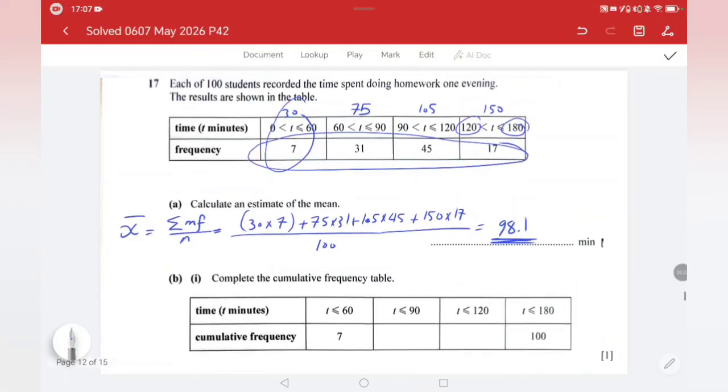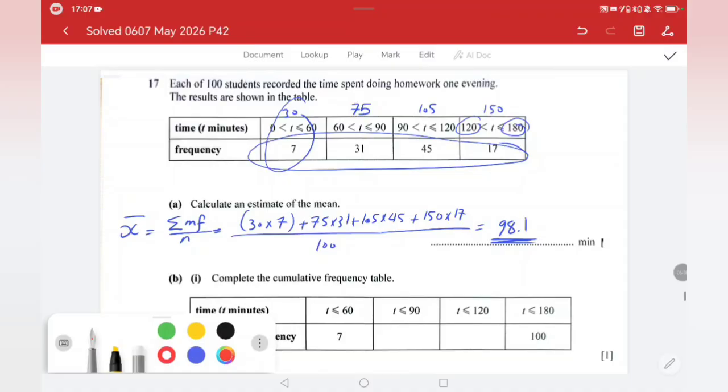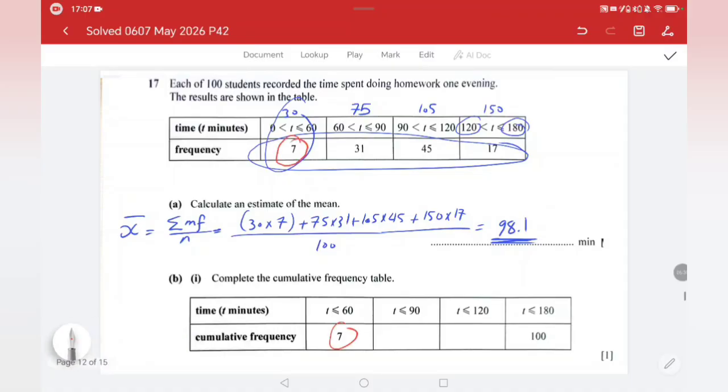So usually in cumulative frequency, the first value is the same, and then we add the next one. It's cumulative, like we add the next one. So 7 plus 31 is 38, then 38 plus this 45, it will be 83. 83 plus the 17 gives the 100.